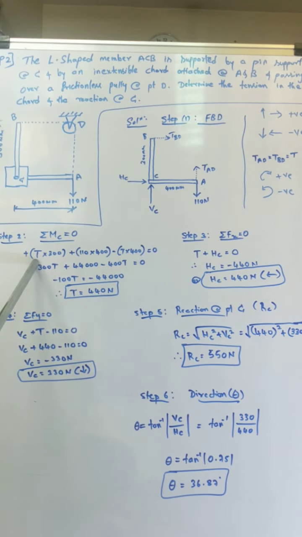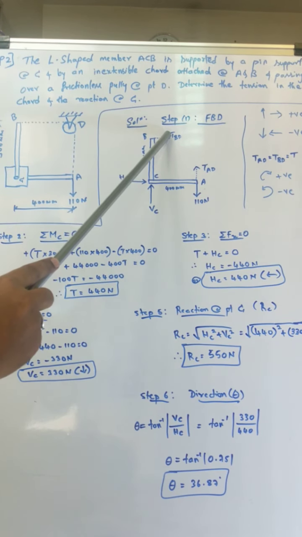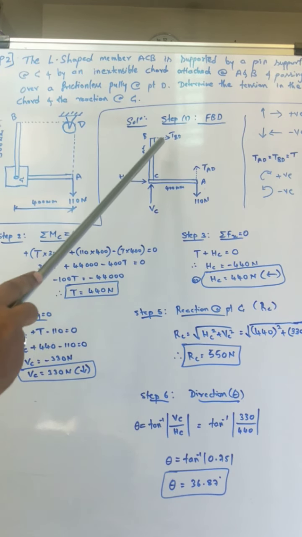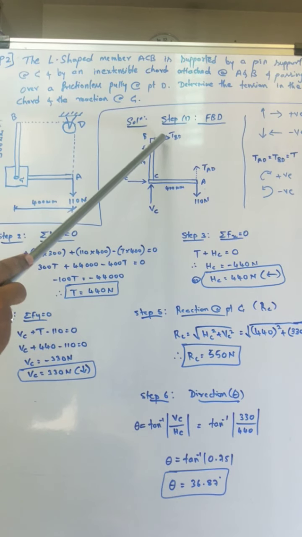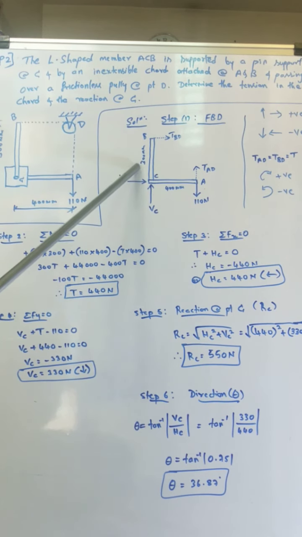Okay, first T into 300. So first I am going to take TBD. For this force TBD, moment is nothing but force into perpendicular distance, that is the perpendicular distance between the force and the moment center. How much is it? 300 mm. So T into 300.